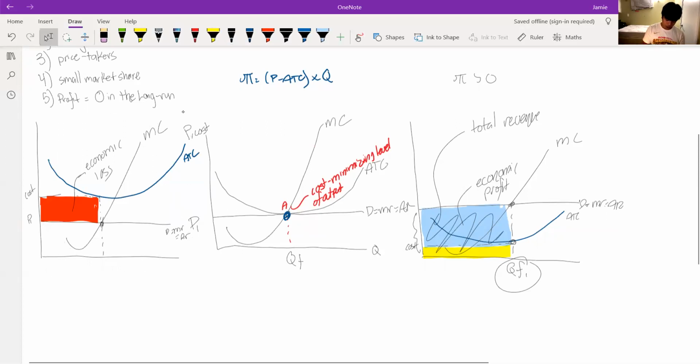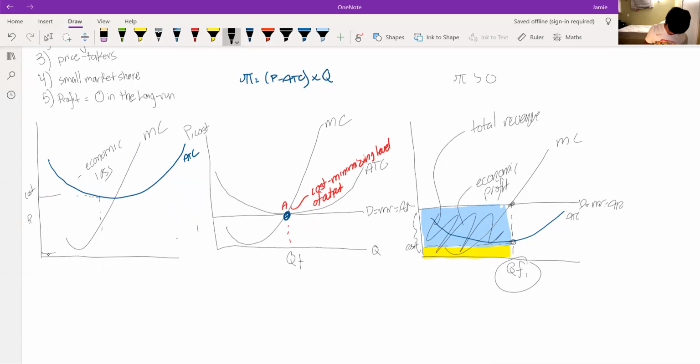What if the demand curve was right here?